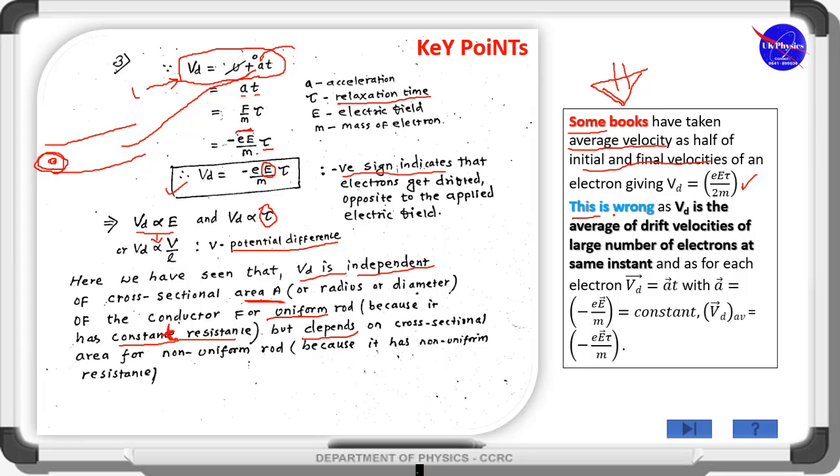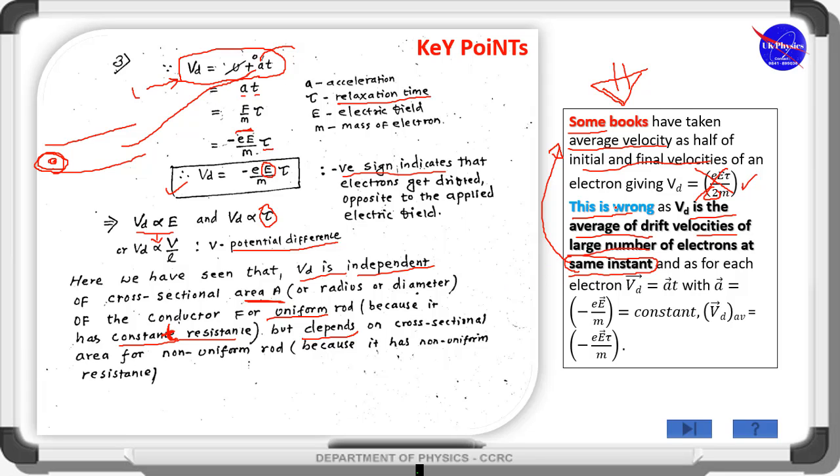So this expression is totally wrong, because drift velocity is simply the average of the drift velocity of a large number of electrons at the same instant. You cannot take the average velocity from two instants as we have done in the average velocity formula. The same process is not valid here.